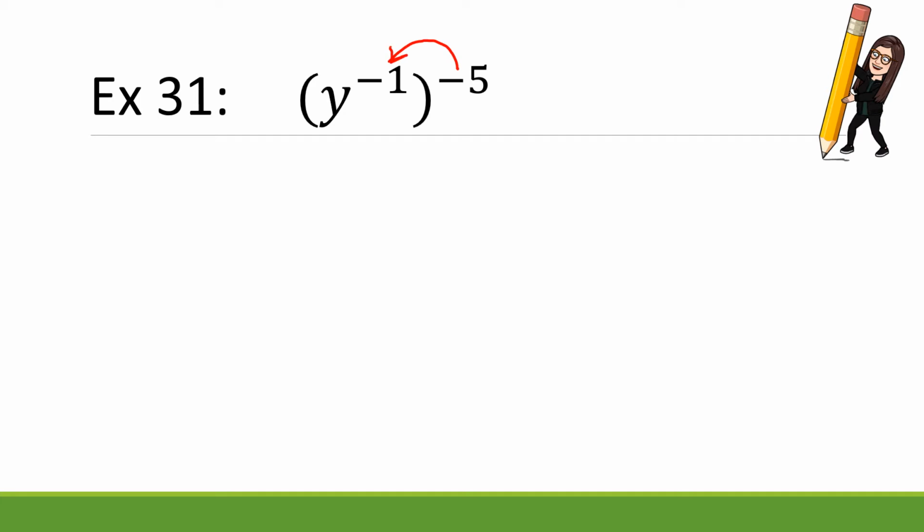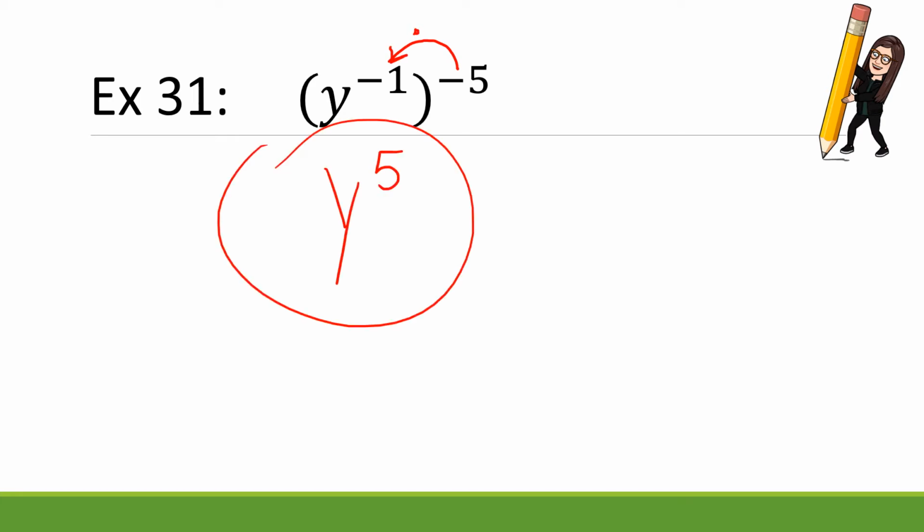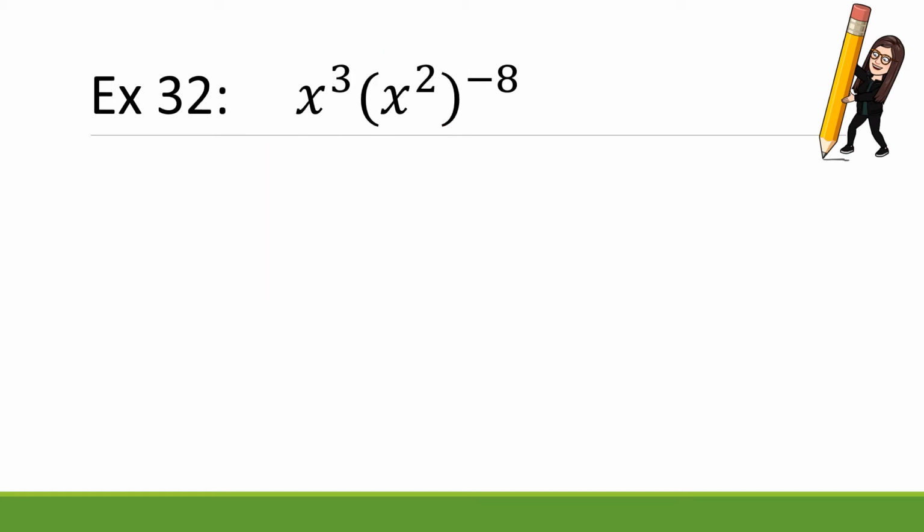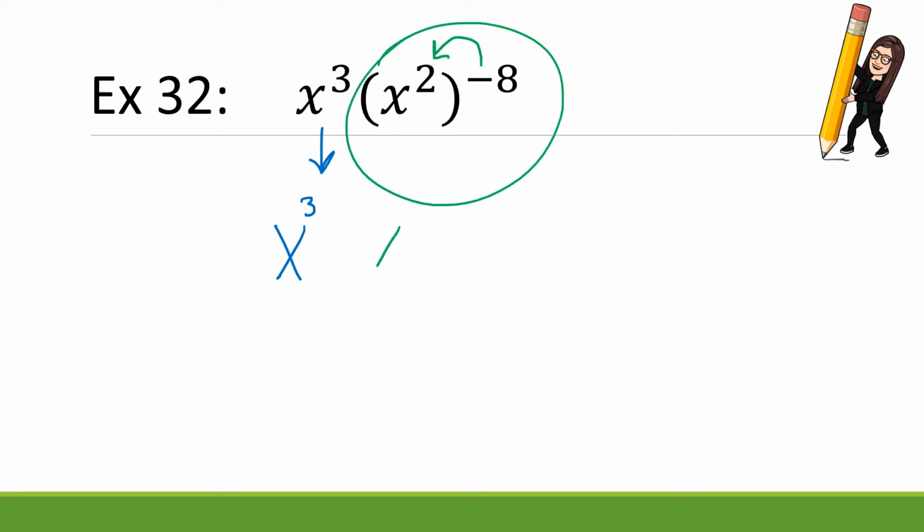Same rule. We're going to distribute, and when we do that, we multiply. A negative times a negative is positive. Be careful here. This first piece has nothing to do with that exponent of 8, so just drop it down. Next, let's deal with this piece. The negative 8 is being distributed onto the 2, so we have a negative 16.